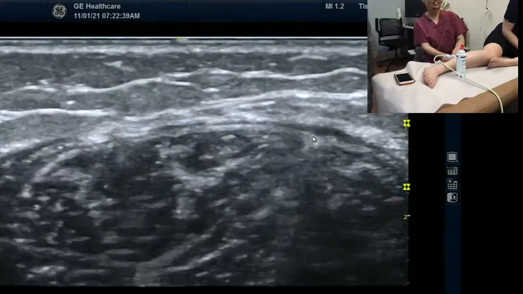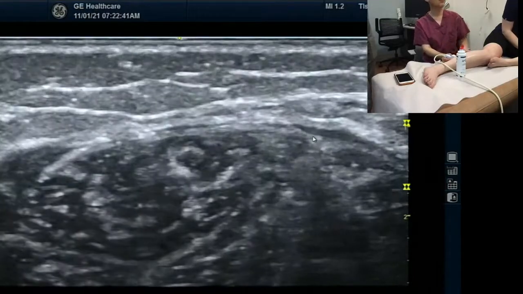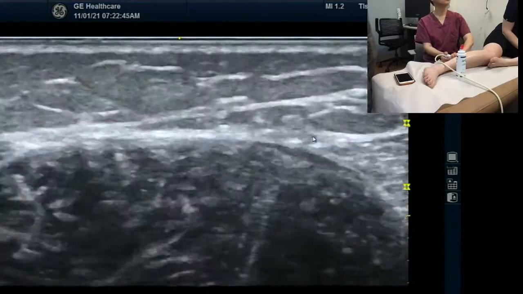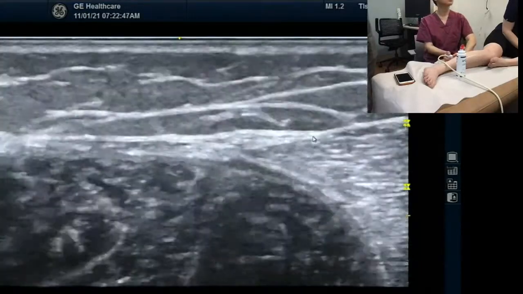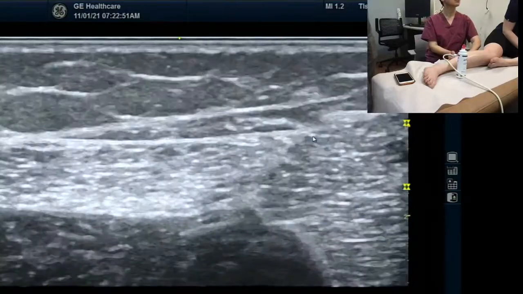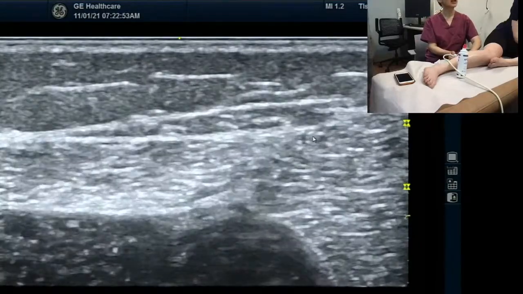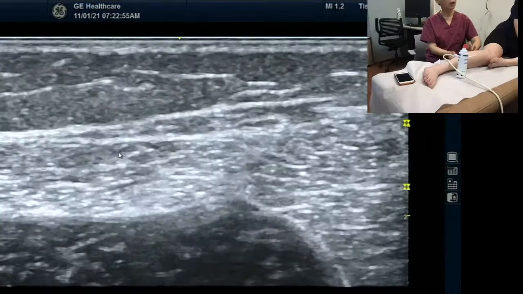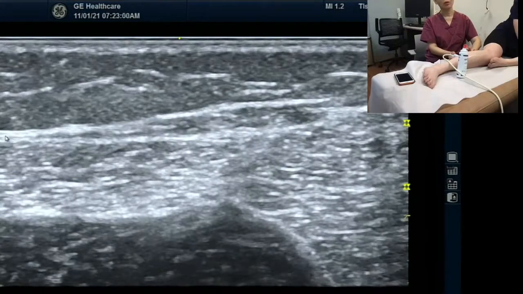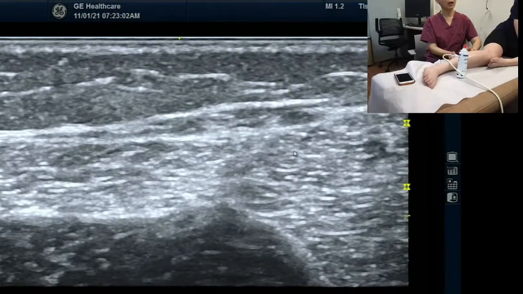Now I'm at about the distal third from the knee. Still we have only soleus. Now you see the lateral gastroc, the left side, and the right side is the medial gastroc head.